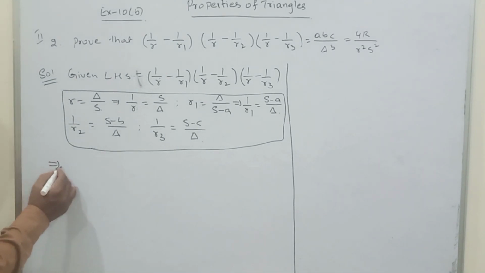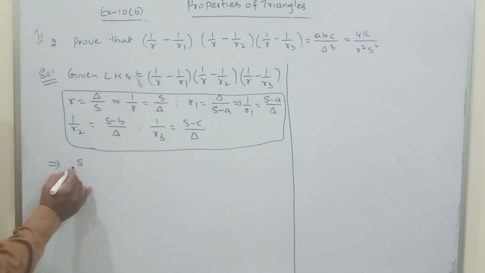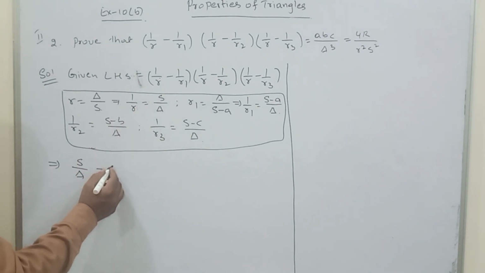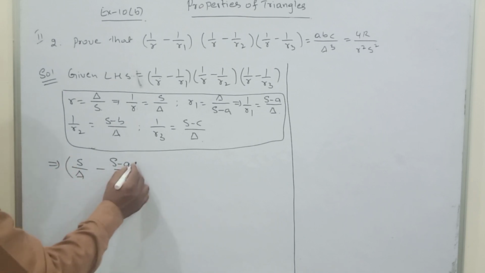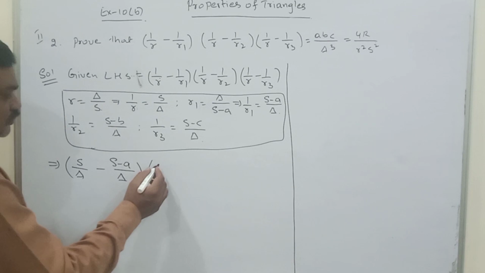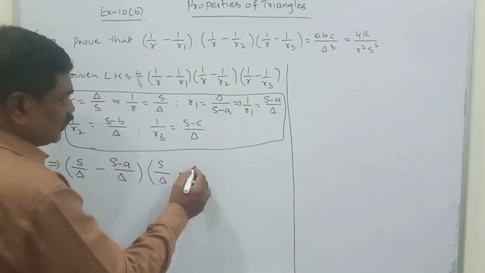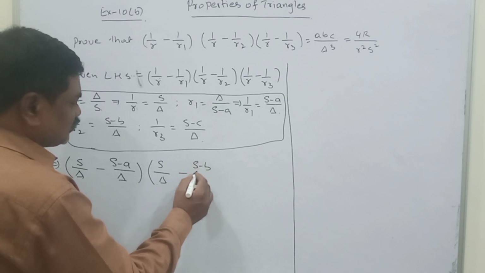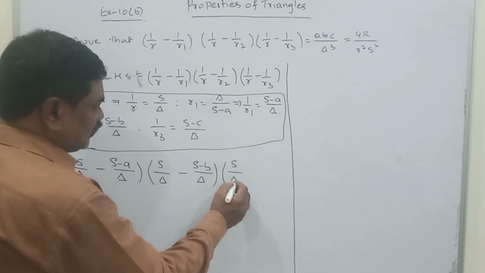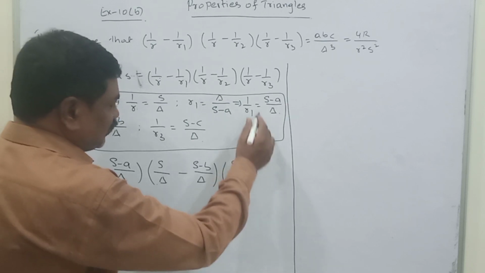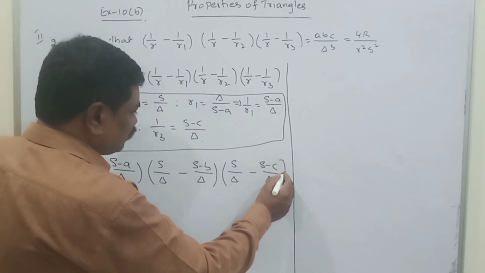Then what we will get? 1/r is equal to s by delta minus 1/r1, (s − a) by delta, into s by delta minus 1/r2, (s − b) by delta, into s by delta minus 1/r3, (s − c) by delta.